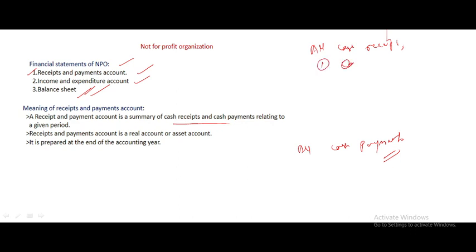There are two receipts. First is revenue receipts. Second is capital receipts. Revenue receipts means those receipts which are in recurring or regular nature.